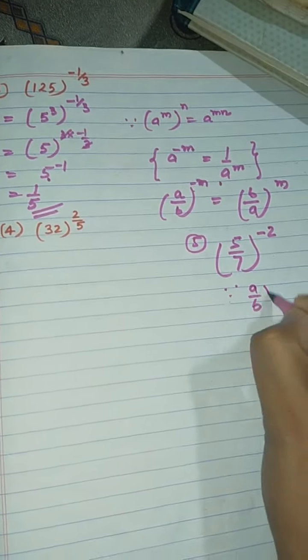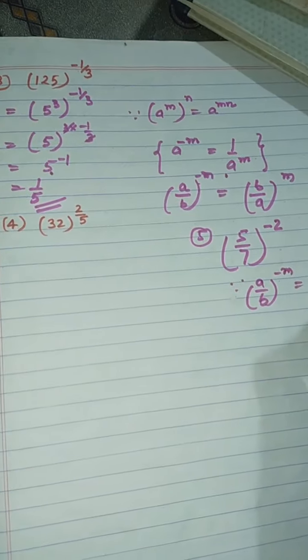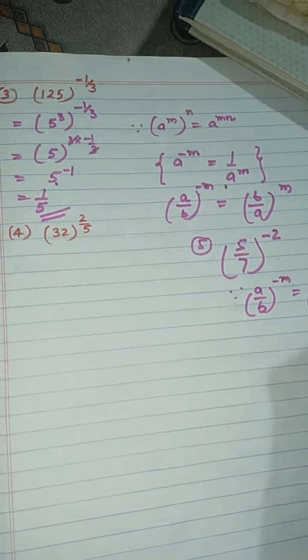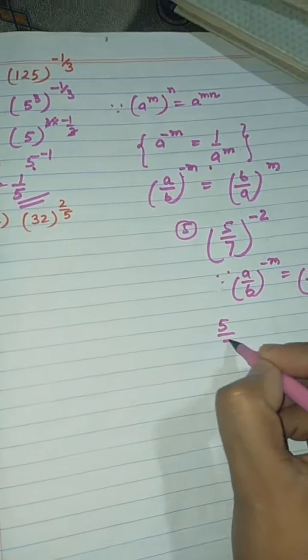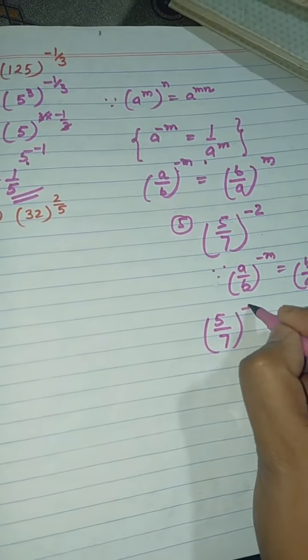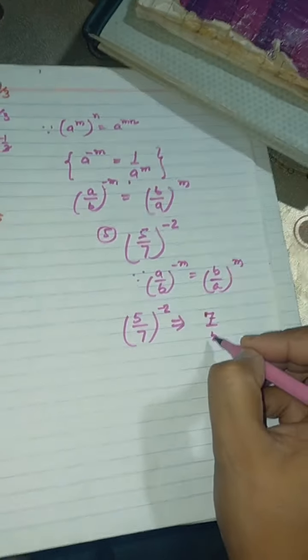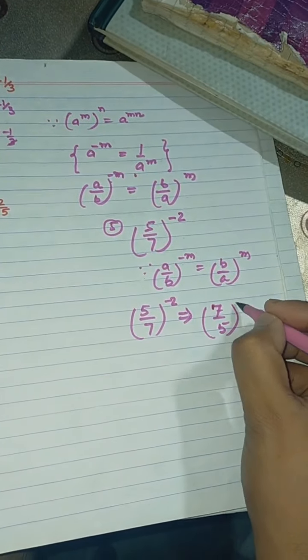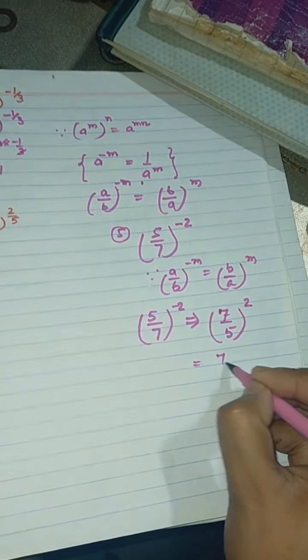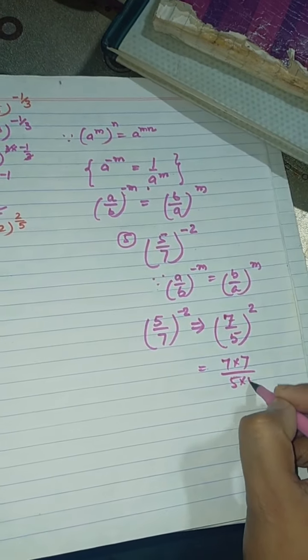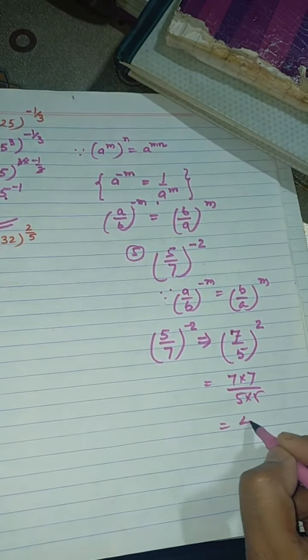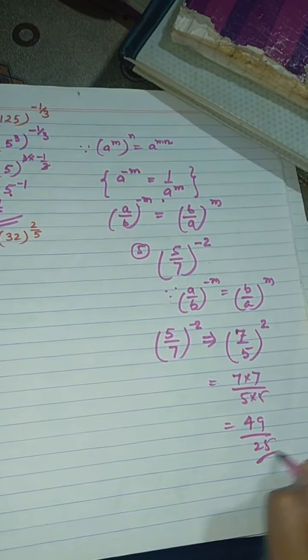Since (a upon b) to the power minus m is equal to (b upon a) to the power m, it becomes 7 upon 5 to the power 2. So we can write it as 7 into 7 upon 5 into 5. That means 49 upon 25.